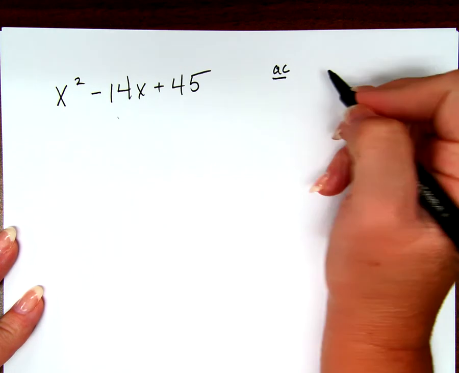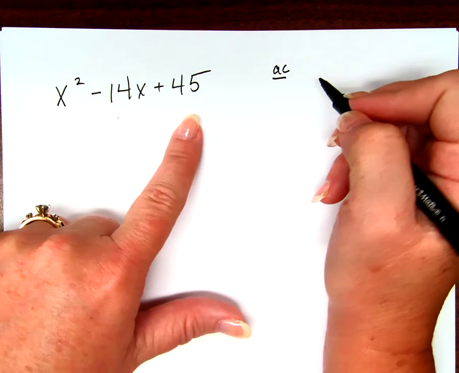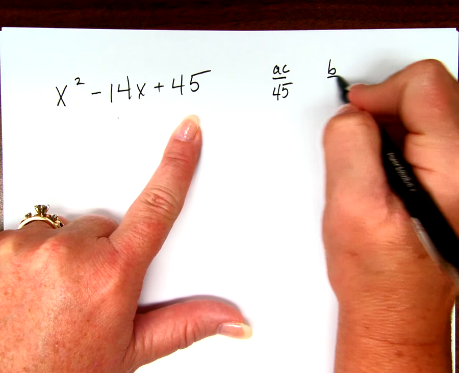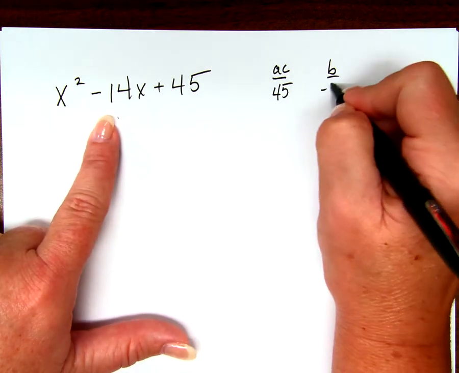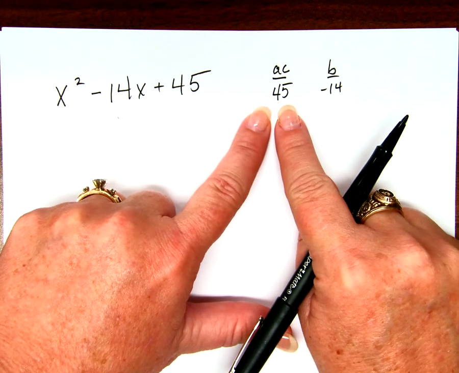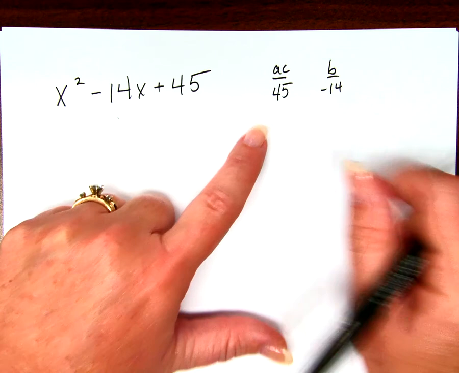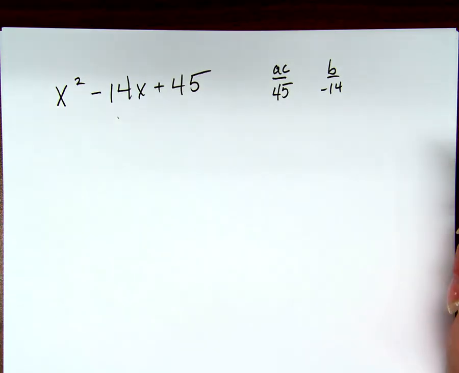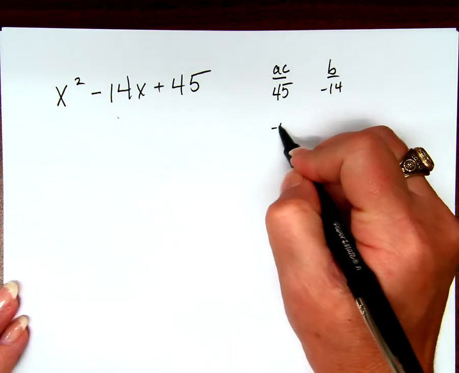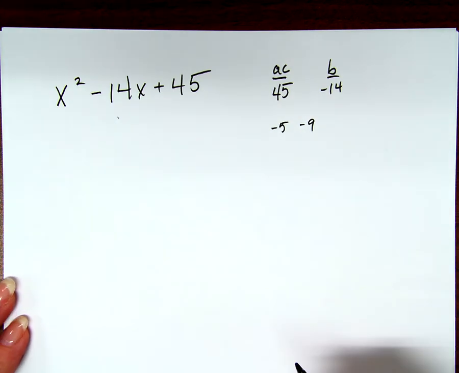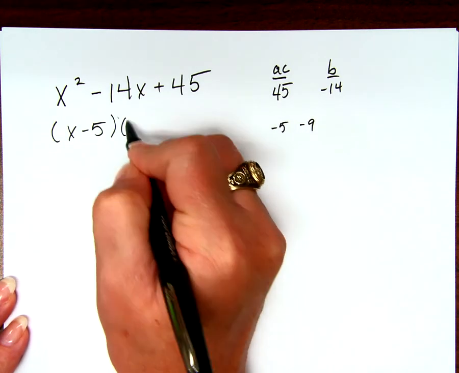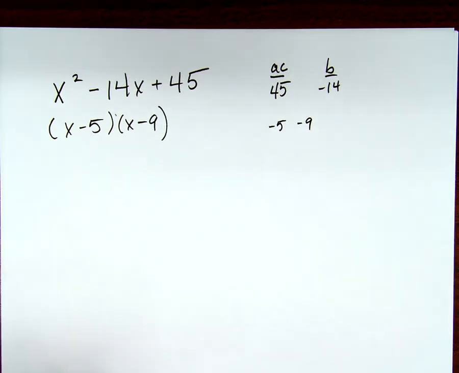Okay, so what's AC? 1 times 45. 45. What's B? Negative 14. What two numbers multiply to be 45 and add to be negative 14? Negative 5 and negative 9. If we're doing the easiest way, we go straight to our factors. And then we're done.